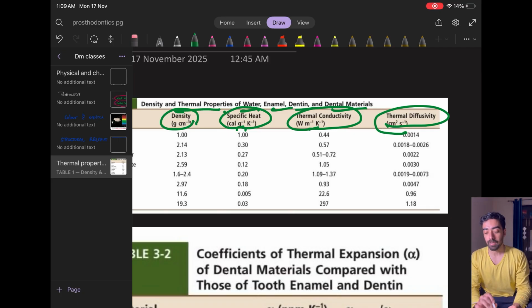This must be kept in mind. So whenever we have a greater thermal conductivity, thermal diffusivity will increase. That is one of the trends that is seen in the table. Also, when density and specific heat increase, thermal diffusivity will decrease.